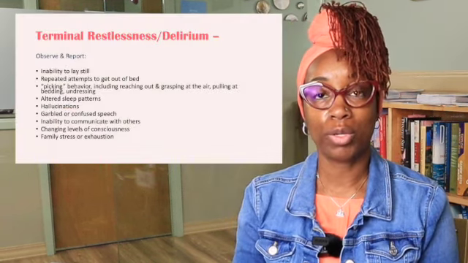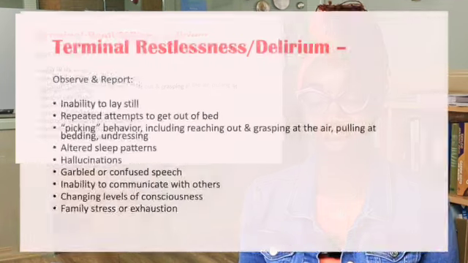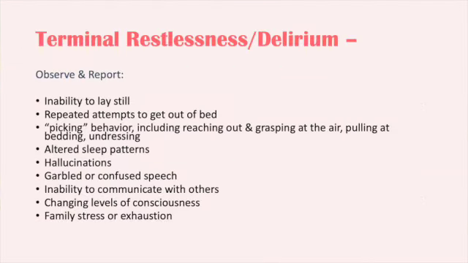Things that you would observe and report: their inability to lay still, repeated attempts to get out of bed. They're picking at things, like reaching for things in the air or pulling at their clothes or bedding. They're undressing. Altered sleep patterns, like they may sleep during the day but be awake at night. They're having hallucinations, thinking they're seeing things that aren't really there.